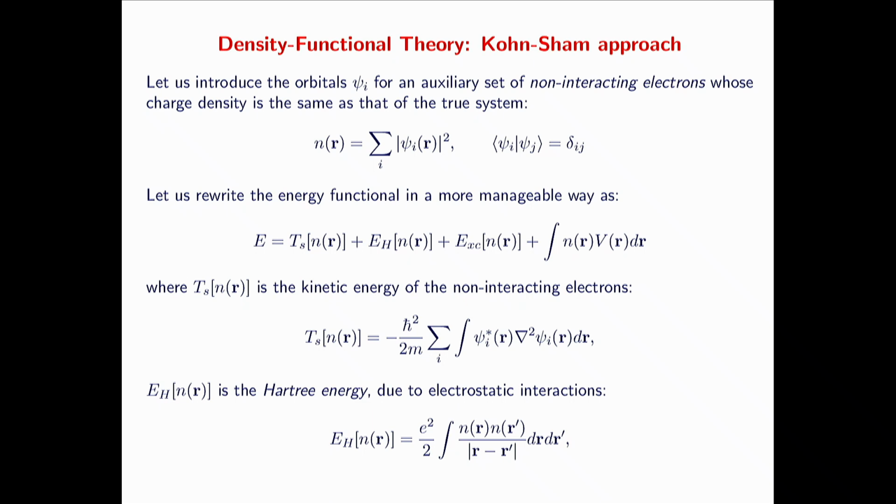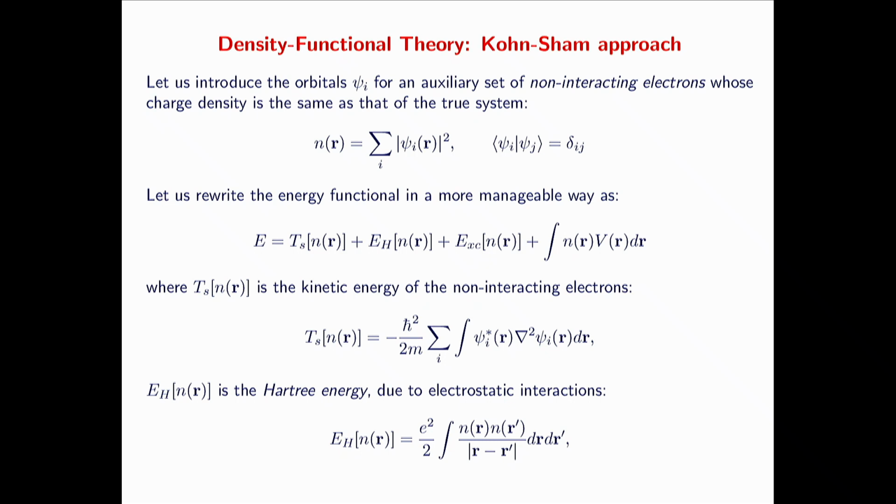one-electron Kohn-Sham orbitals such that, for non-interacting electrons, so it's a fictitious system of non-interacting electrons, the true charge density is given as the sum of the squares of the orbitals of the non-interacting electrons. This is actually the charge density for a system of non-interacting electrons.